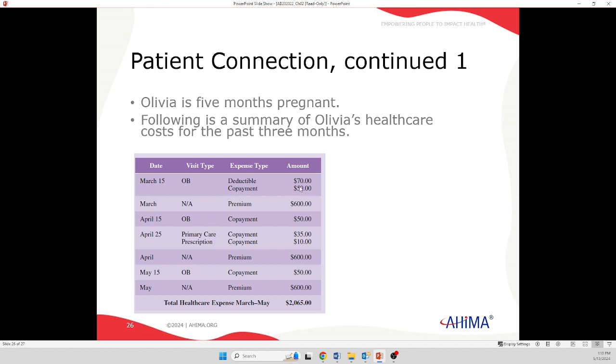She paid $70 for her deductible and $50 her premium, and then she paid a $50 copay. She went to the primary care. She paid a $35 copay. She paid her premium $60. She paid her copay of $50, and she paid her premium of $600.